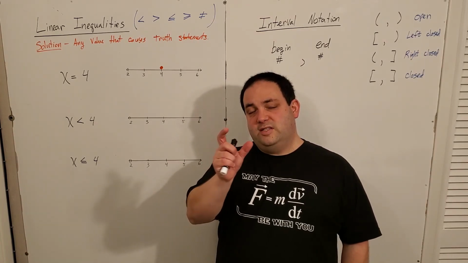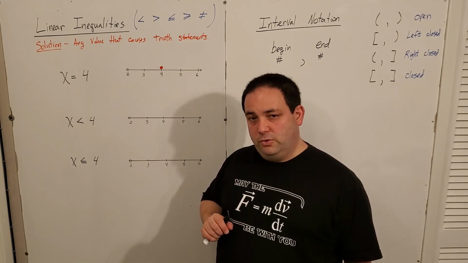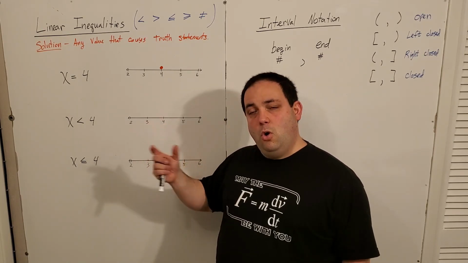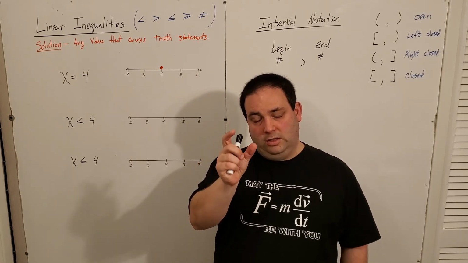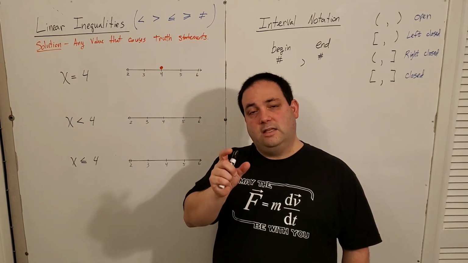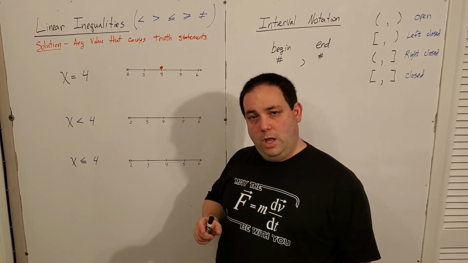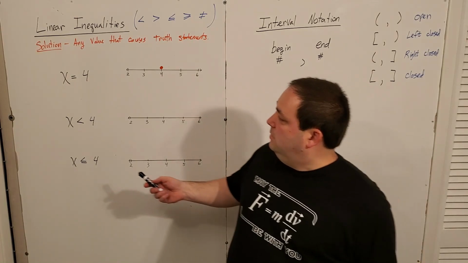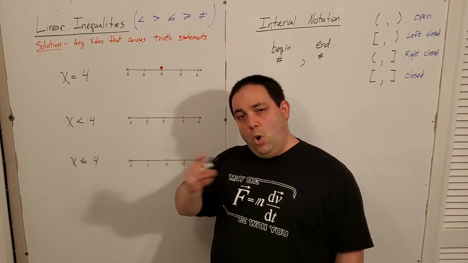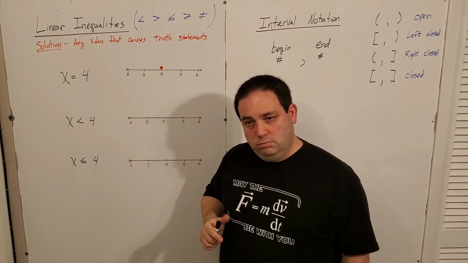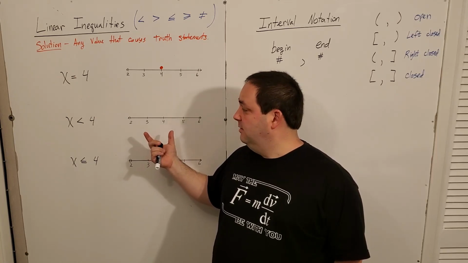You have entire sections that we call intervals. An interval on a number line is a connected list of points, a connected list of numbers on the number line.